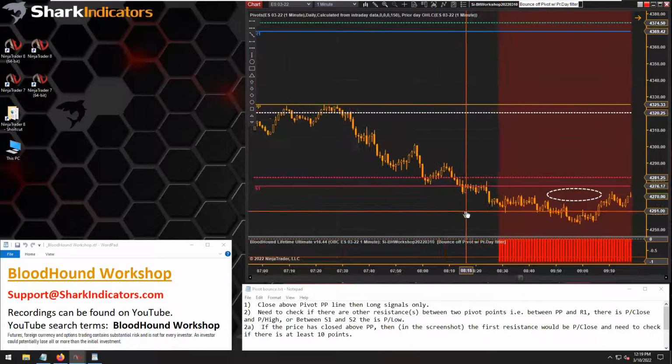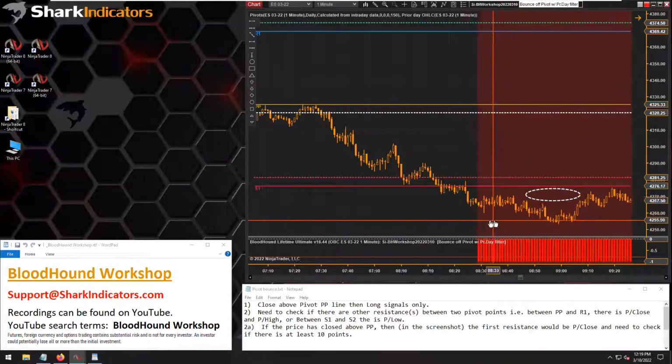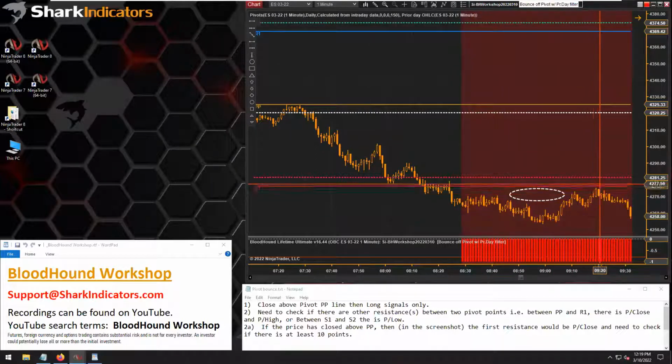I put that ellipse there to save it for later. So it looks like we're going to get a bounce there.